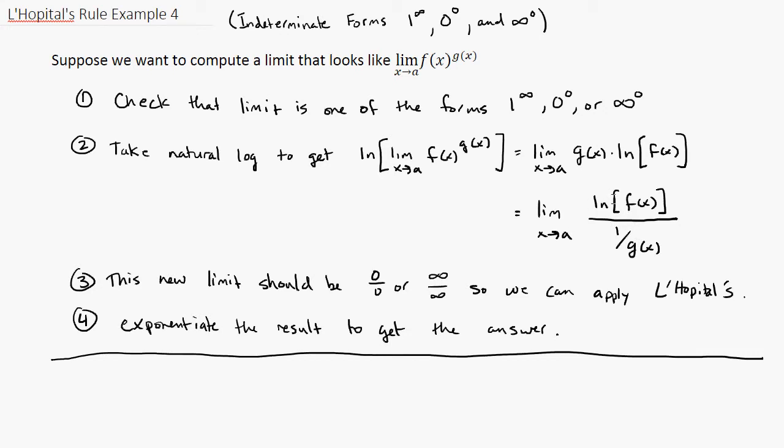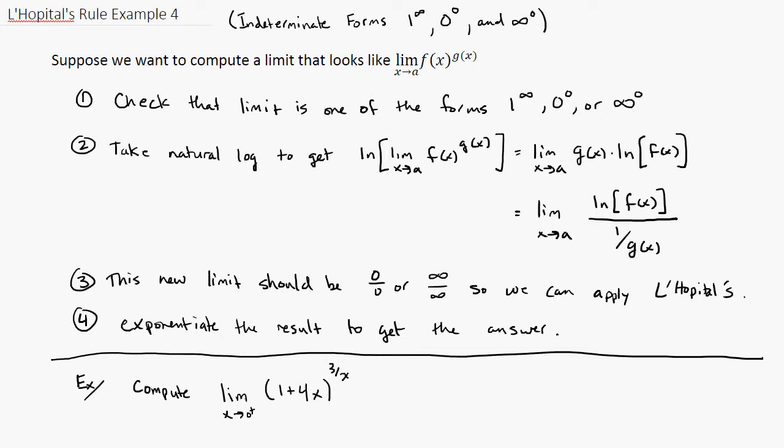This new limit should be of the form 0 over 0 or infinity over infinity, which is what we want so that we can apply L'Hopital's. Then we apply L'Hopital's to compute this limit. But because we took the natural log in the first step, we need to undo this, so we exponentiate the result to get the actual answer. So let's try to follow this procedure in an example.